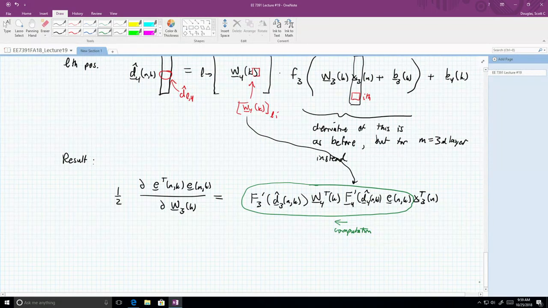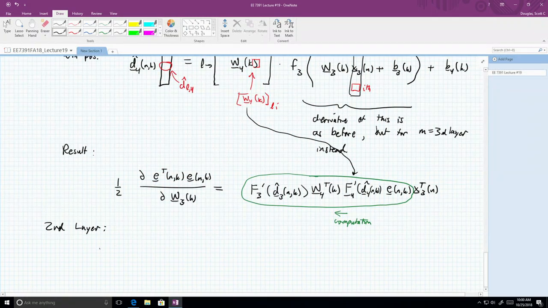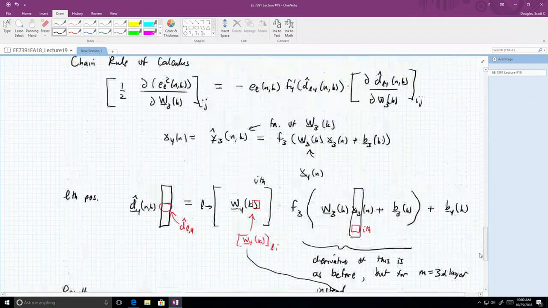Now what happens at the second layer? Well, at the second layer, basically the same thing happens again. We're at the point where we can see what the pattern's going to look like. The derivative of the errors with respect to W2 is going to equal, and by the way, there's a minus sign there too, because we've got the minus sign all the way up the top.